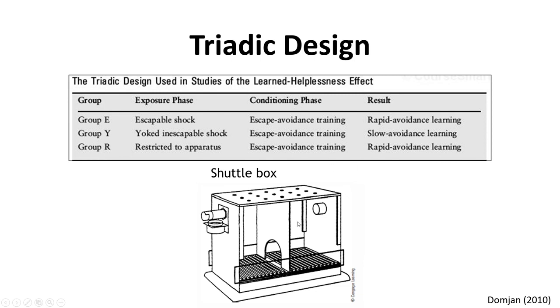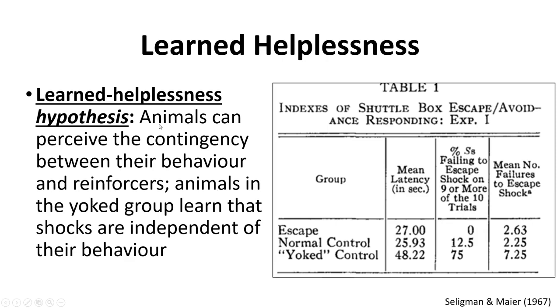They don't learn that that light signals the shock is coming and don't think to move to the other side of the apparatus. So we can say that these animals can perceive the contingency between their behavior and the reinforcers. And animals in that yoked group learned that the shocks are independent of their behavior and are therefore inescapable and therefore unavoidable.